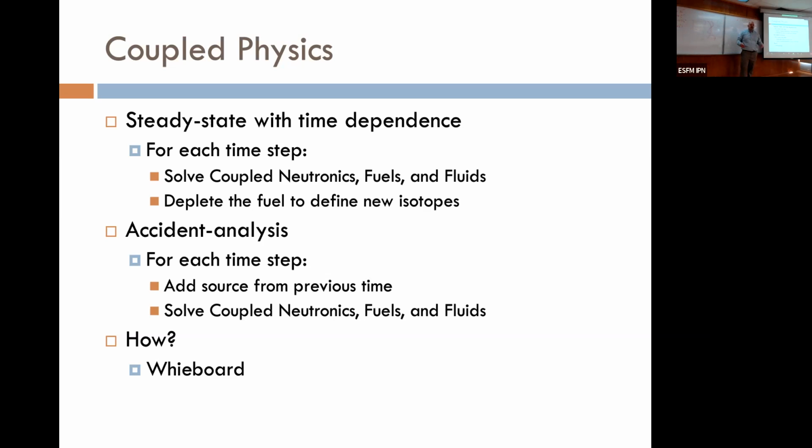As we start to put the physics together into a single code, you have to get your different physics people talking to each other in person. But that's good, because then they start to learn and understand from each other what the realities are. For instance, do we have one fuel temperature for the entire assembly? The fuel person would go, wait, you're doing what? No, it's probably not a real good idea.